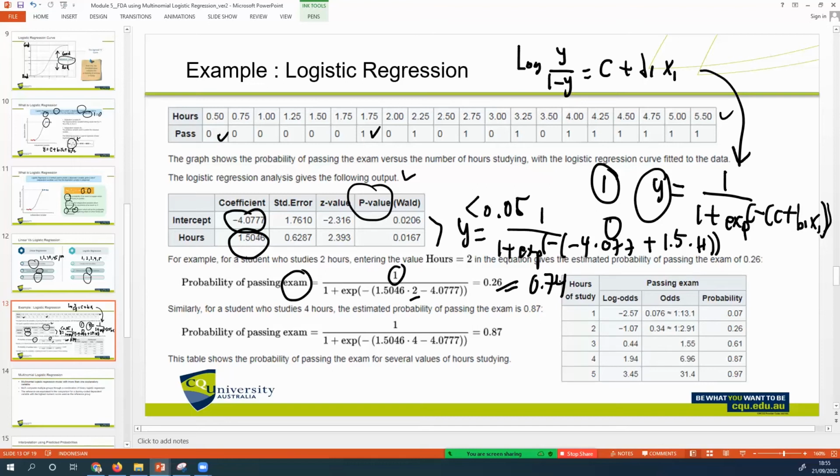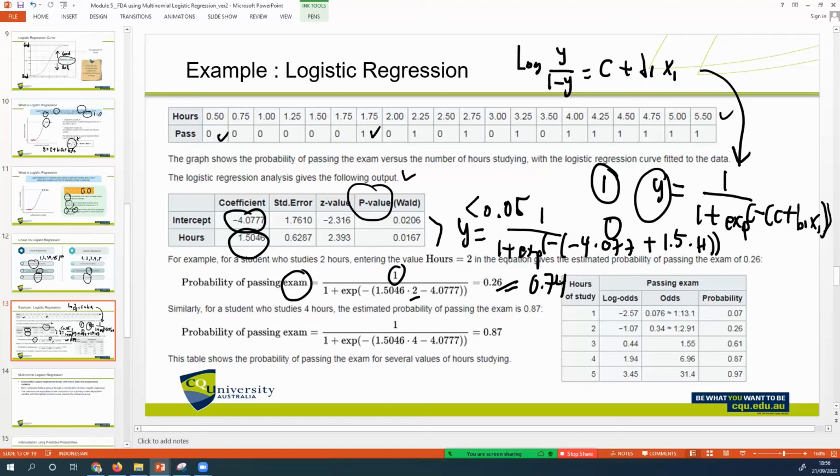Okay, so that is if the reference is passing the exam. 1 is passing the exam. So the probability of failing the exam will be 0.74. So we need to determine what the reference is.